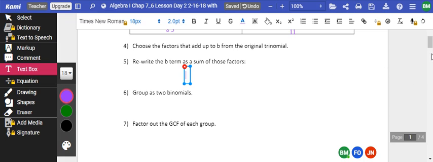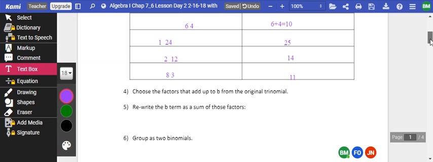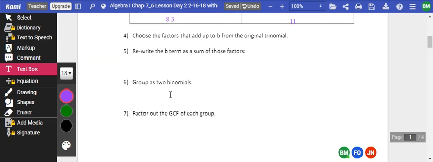So we're going to group our two binomials to make this work.